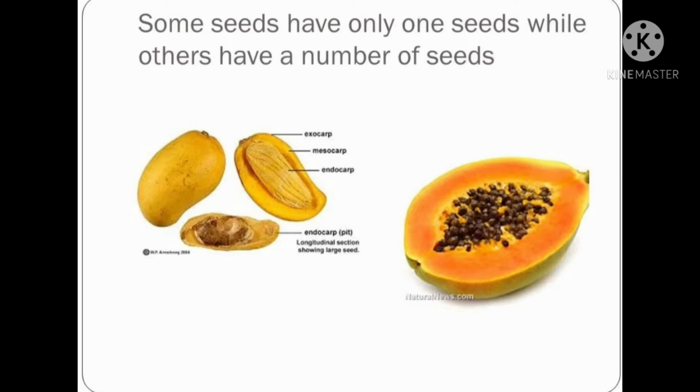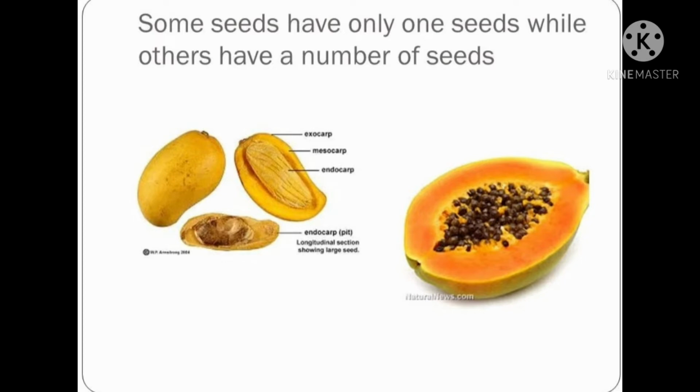So as you can see, the different parts of the fruit, which are just for your reference, will not be very much important for you now. But we must keep in mind that seeds come in different shapes and sizes.